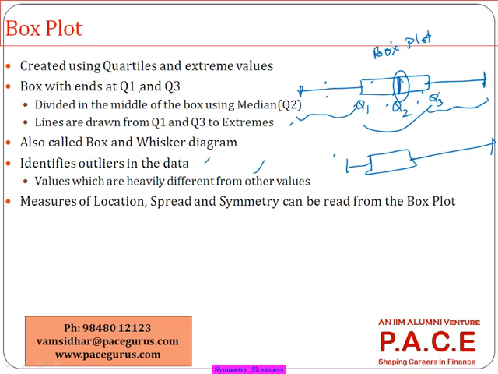So when a tool like SPSS or any other statistical tool plots this kind of box plot, they also identify some stars. Stars are nothing but the outliers in the data.